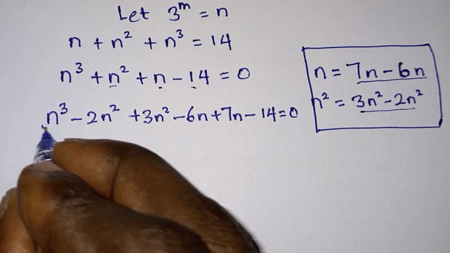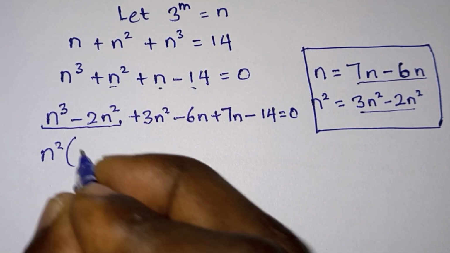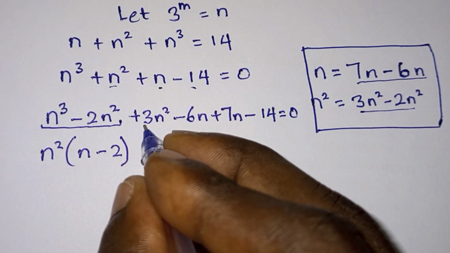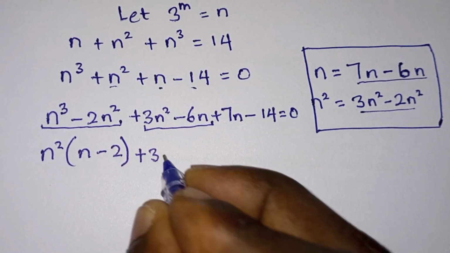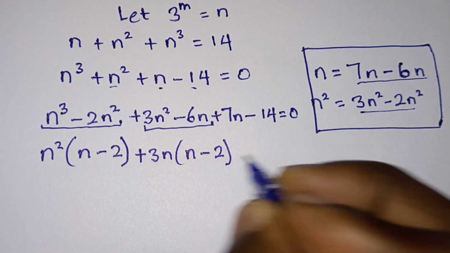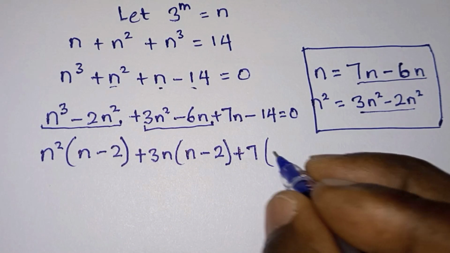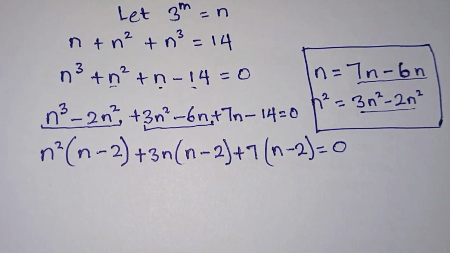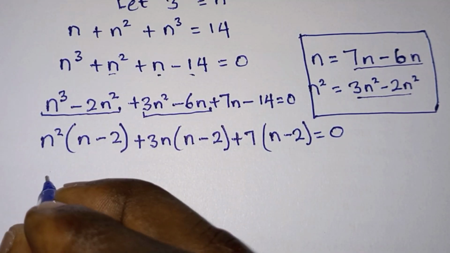Now, considering these two terms, we can take n squared out. So we're going to have n squared times n minus 2. Likewise, from here, we can take 3n out. So we have plus 3n times n minus 2. And lastly, we can take 7 out from here, and we'll be left with n minus 2. And this is equal to 0. Now we see that n minus 2 is common, so let's factor it.